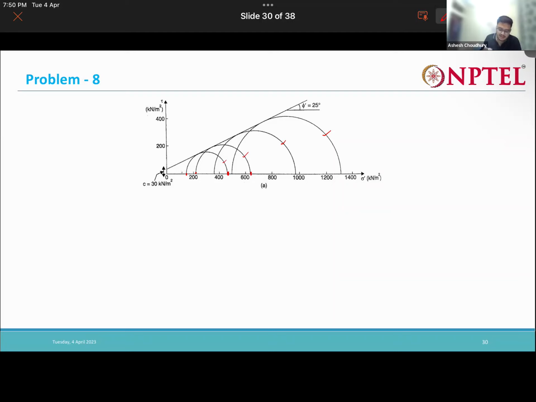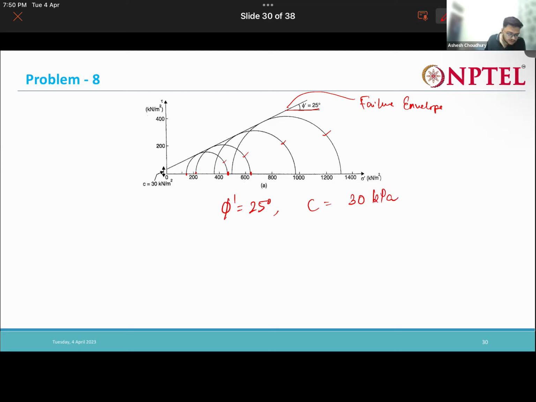This is nothing but the failure envelope. The slope of the failure envelope we can find out after drawing. So we are getting phi dash equal to 25 degrees and C is coming out as 30 kPa.